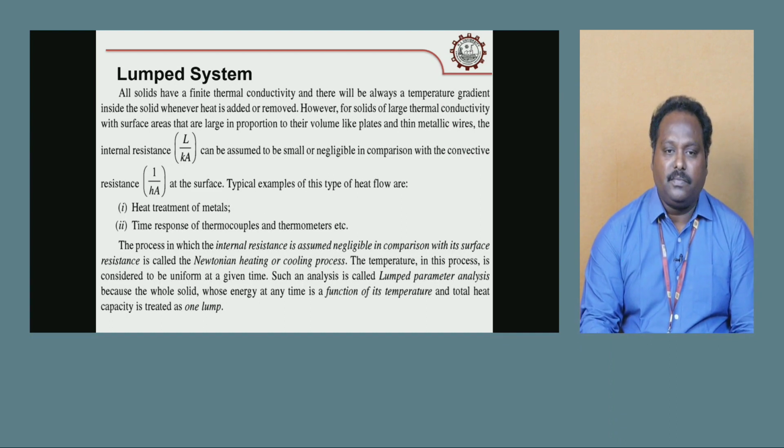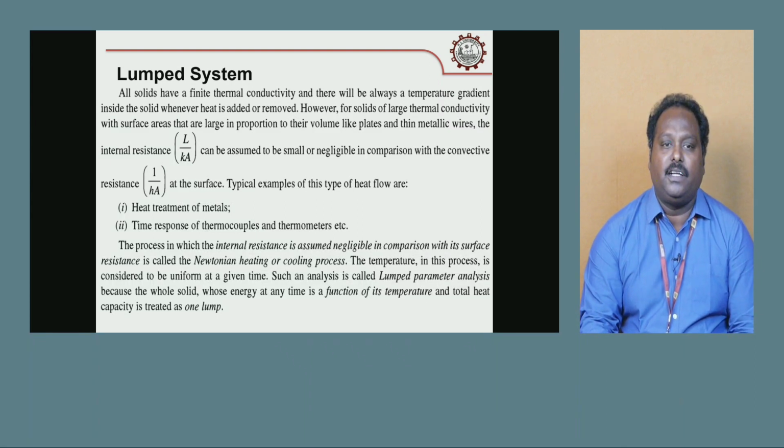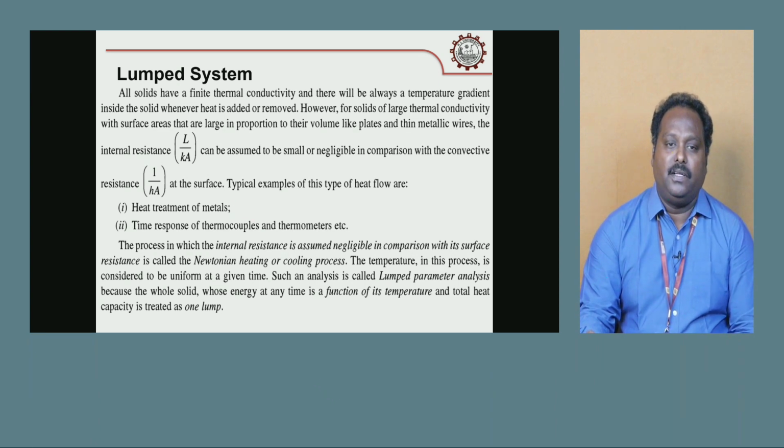That means when internal resistance is assumed to be 0, there is no internal conductive resistance and only convective resistance is available. So the temperature should be uniform throughout the entire mass of the body. For example, take a copper ball heated to a certain temperature, say 800 degrees centigrade.